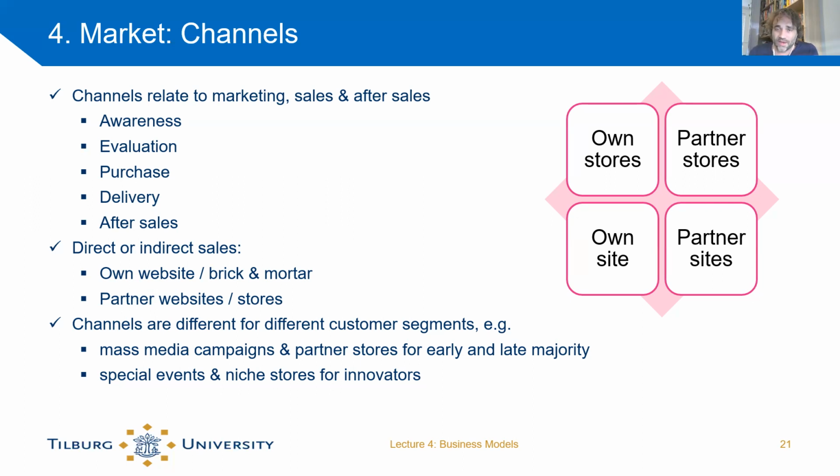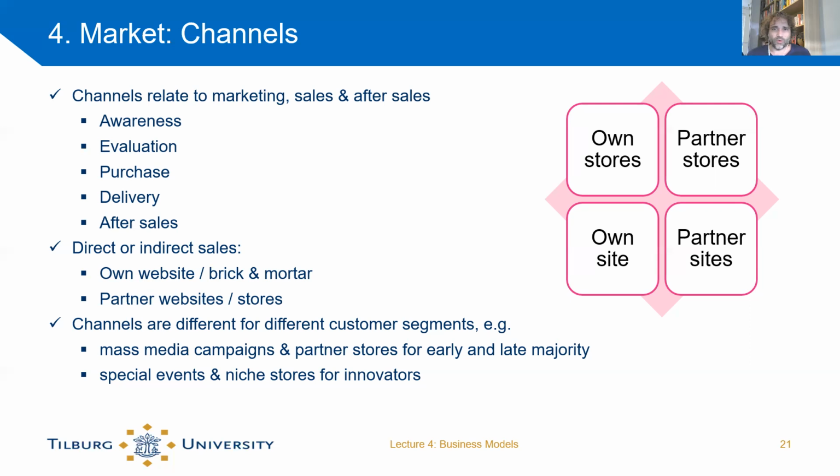So you have to think about that as well in your business model. Through what channels do we reach our customers? Through which channels do we sell our product or innovation? Online, offline, own channels, other channels. And how is that different again for different customer segments?